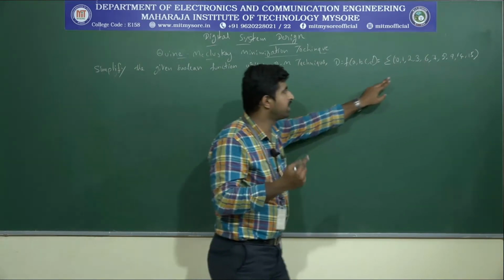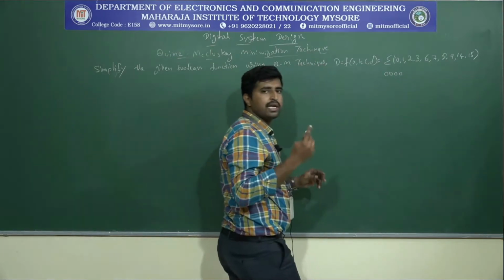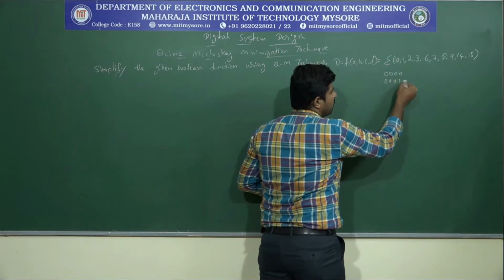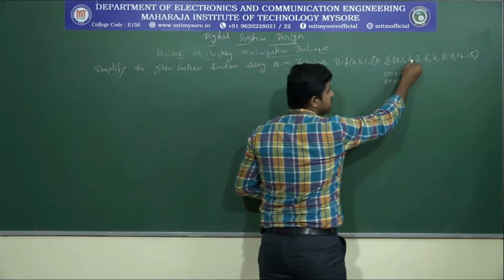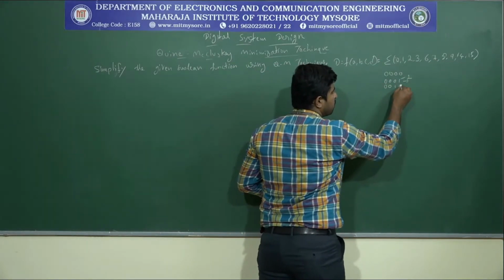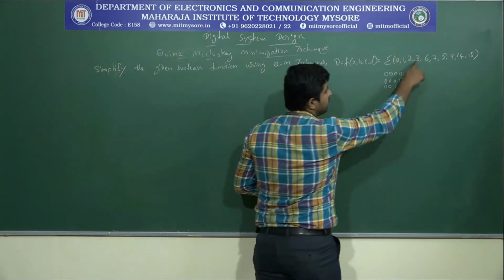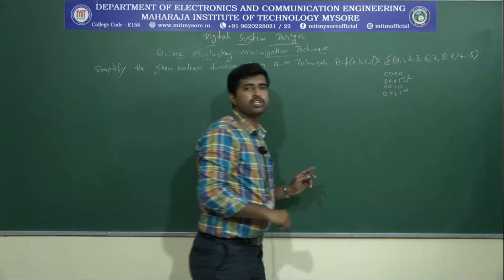I hope you can understand. So for 0, 0, 0, 0, we don't have any logical one. Next is 1, 0, 0, 0, 1, one logical 1 is there. Similarly 2, 0, 0, 1, 0, one logical 1. Similarly 3, 0, 0, 1, 1, there are 2 logic 1s.